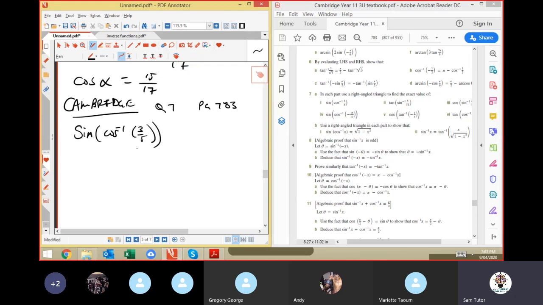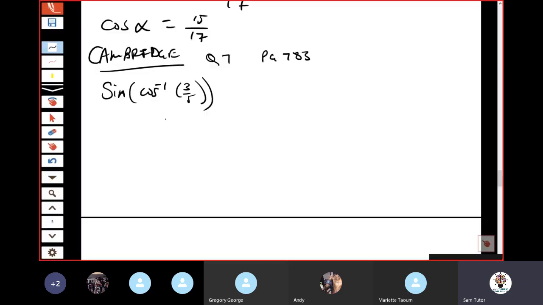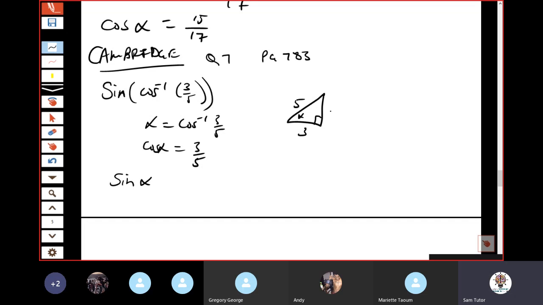So all we're going to do now, again, let alpha equal inverse cos 3/5, cos alpha equals 3/5. That means we're looking for sine alpha, because that becomes alpha now. Then right angle triangle, that's alpha, adjacent over hypotenuse, which means this becomes 4. So therefore sine alpha becomes opposite over hypotenuse, 4/5. Okay.